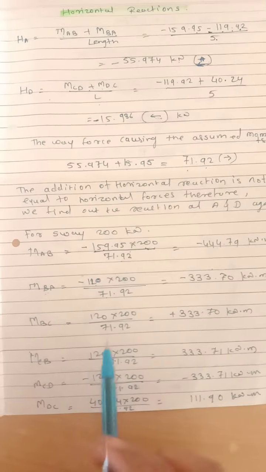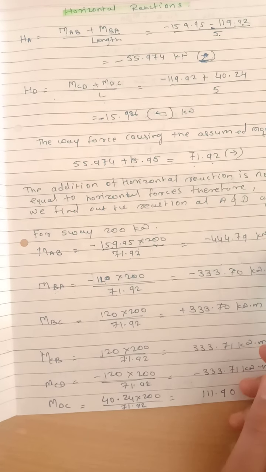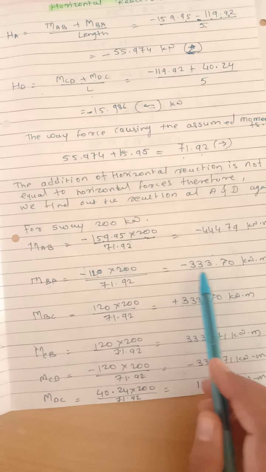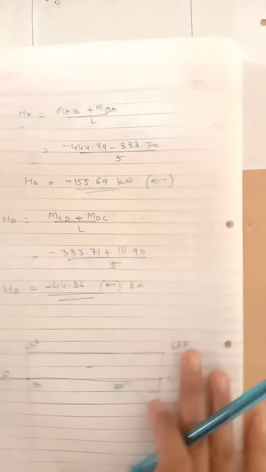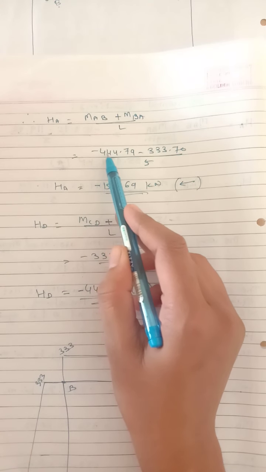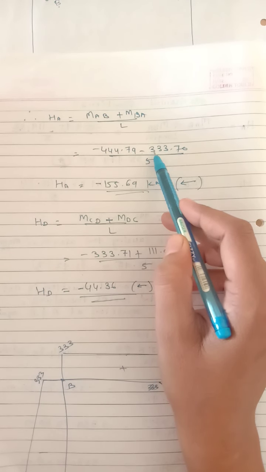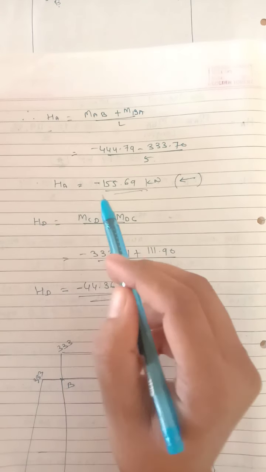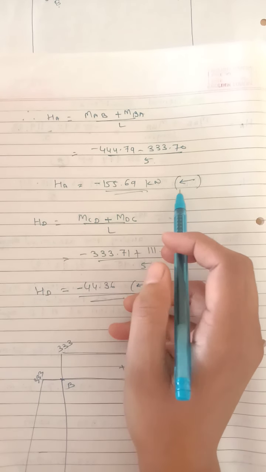You can see the moment at member AB is minus 444.79 kilonewton meter and at member BA is minus 333.70 kilonewton meter. Putting these values in the formula, minus 444.79 minus 333.70 divided by the length of 5 meter, the answer is minus 155.69 kilonewton on the left hand side.